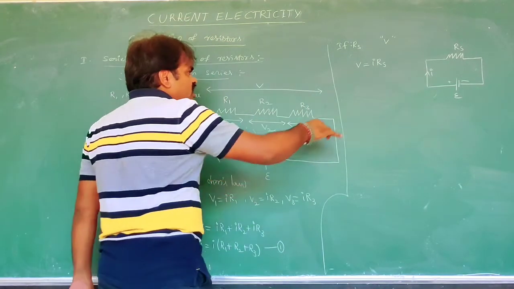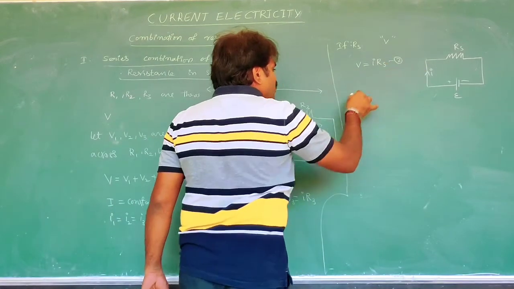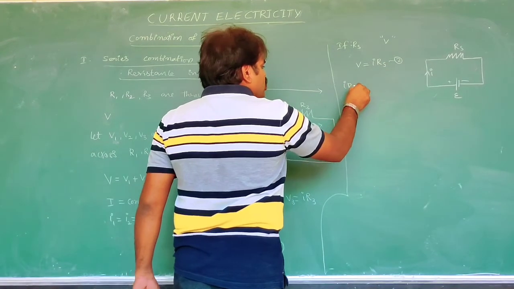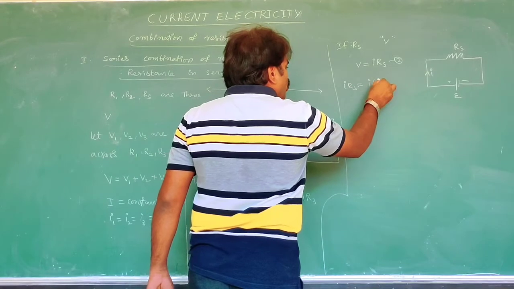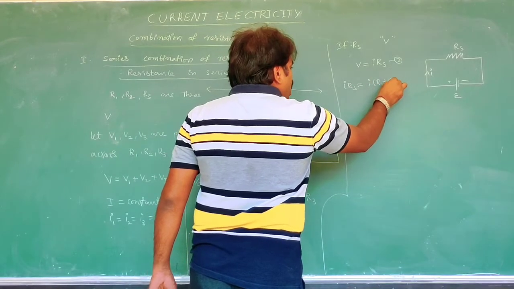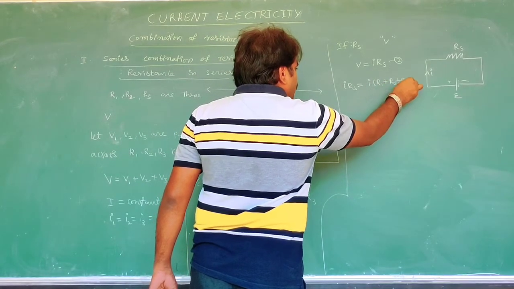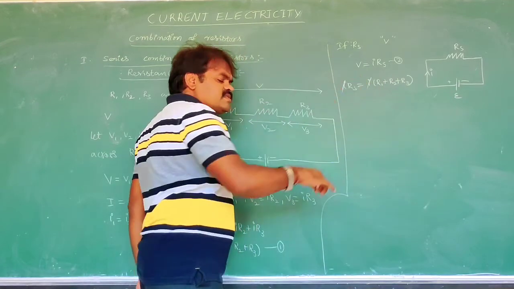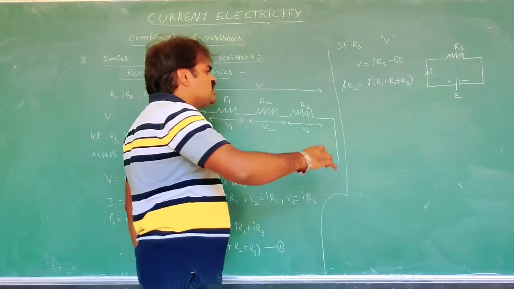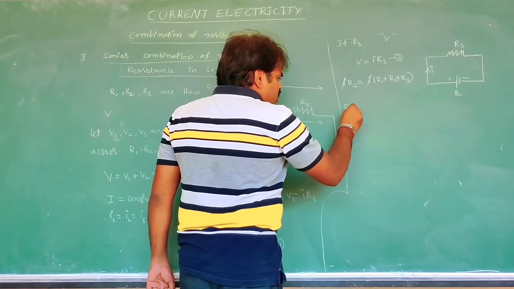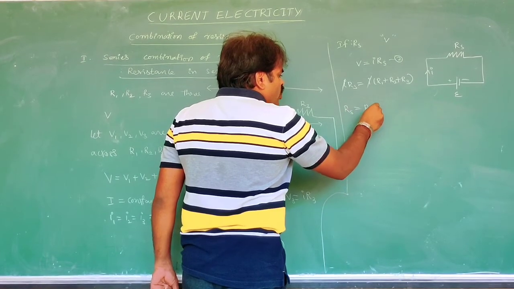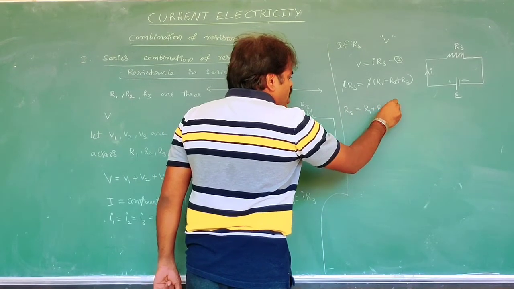Now equation 2 is substituted. Then IRs is equal to I into R1 plus R2 plus R3. Then I cancels. What do we get? Rs is equal to R1 plus R2 plus R3.